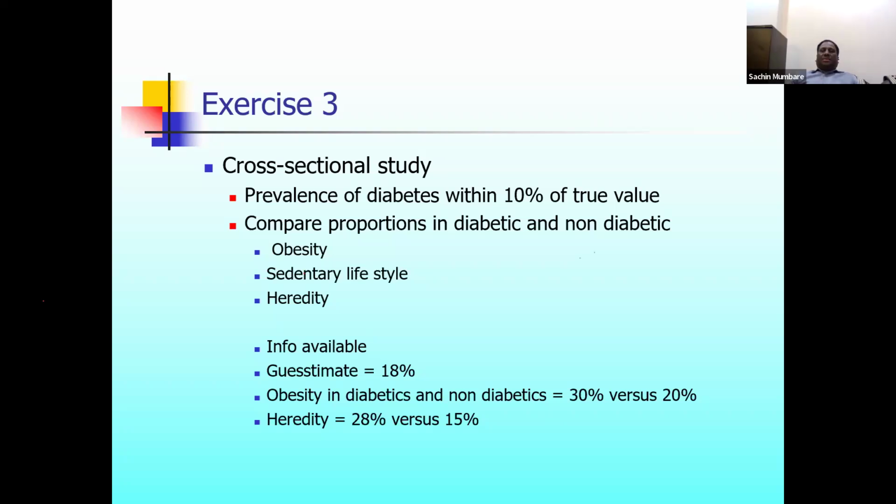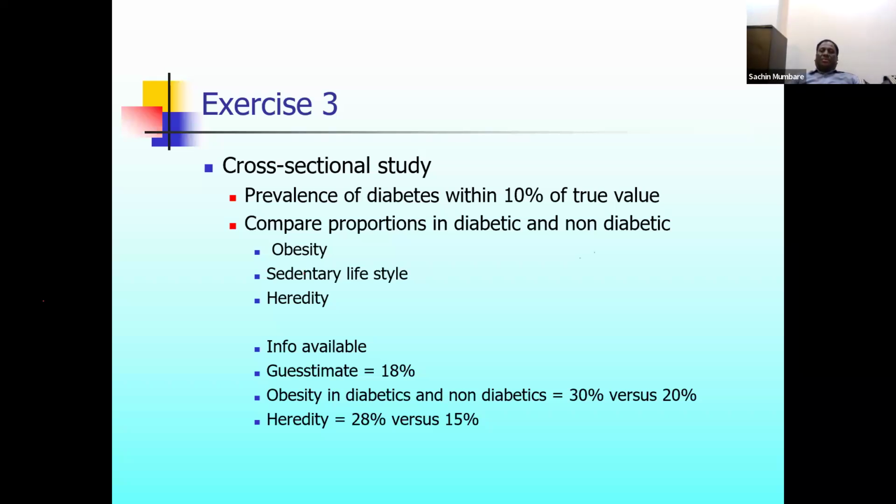Next. Now to test whether there is significant difference between proportion of obese in diabetics and non-diabetics. The data given is 30% and 20%.